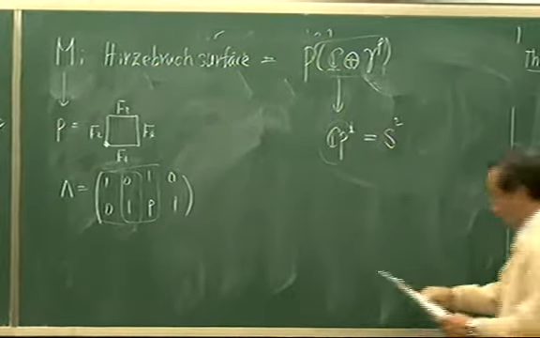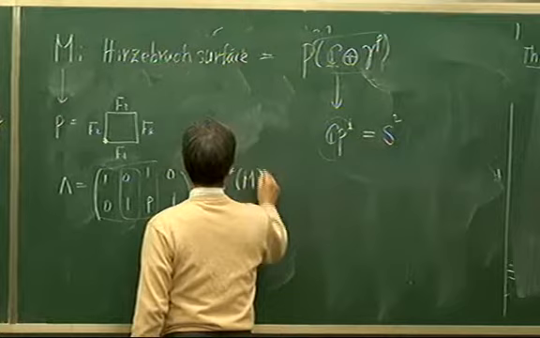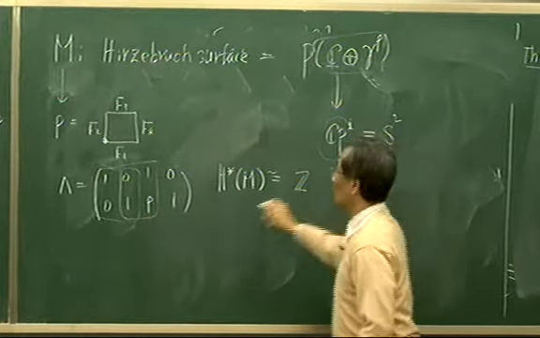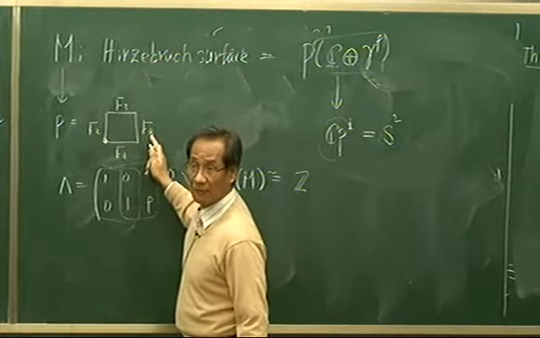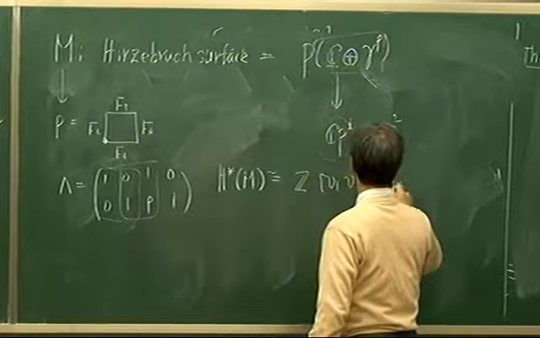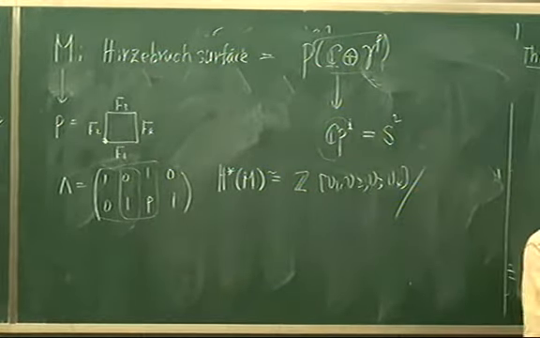Let's calculate. So what is this? H star of M is isomorphic to Z. We have V1, V2, V3, V4, four facets, right? And quotient by I. I means what?